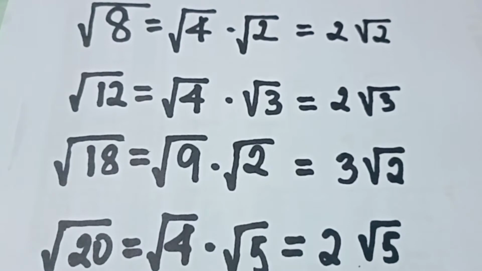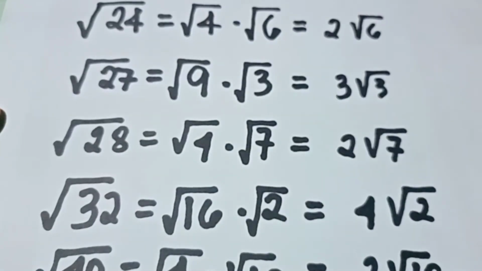Next, square root of 18 equals square root of 9 times square root of 2 equals 3 square root of 2. Next, square root of 20 equals square root of 4 times square root of 5 equals 2 square root of 5.